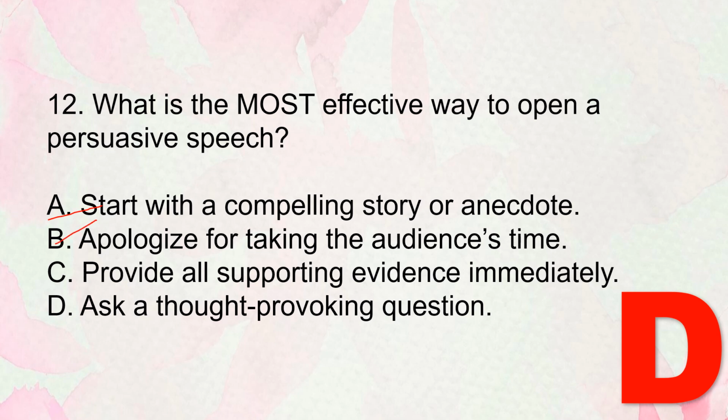And letter B is incorrect because apologizing weakens your position as a speaker. And letter C is incorrect because presenting all evidence up front can overwhelm the audience. So letter D is the best answer.